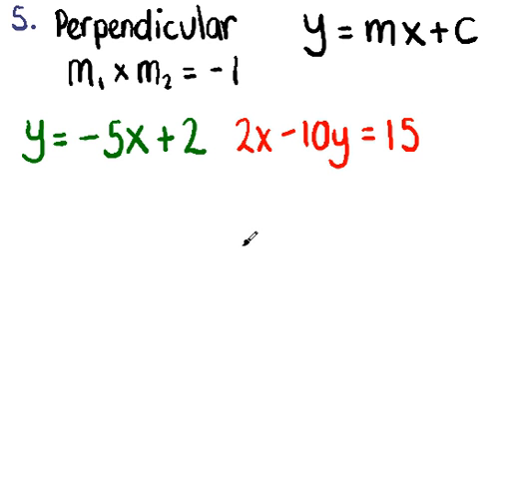So first of all, if we look at the green line, we have y equals minus 5x plus 2. This line is already in this form. That means the gradient is just minus 5. So the gradient of the green line, the first gradient, m1, is equal to minus 5.